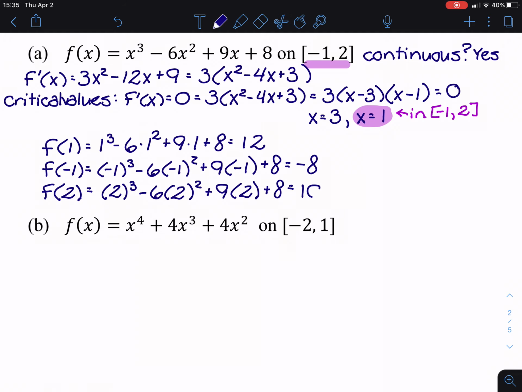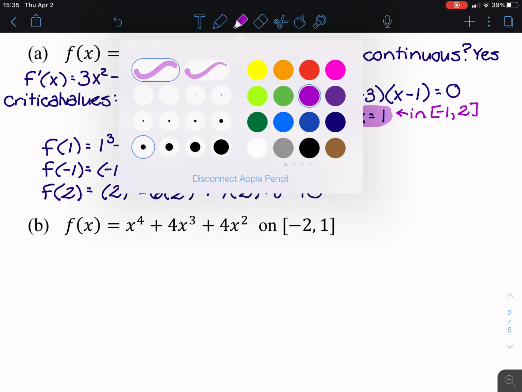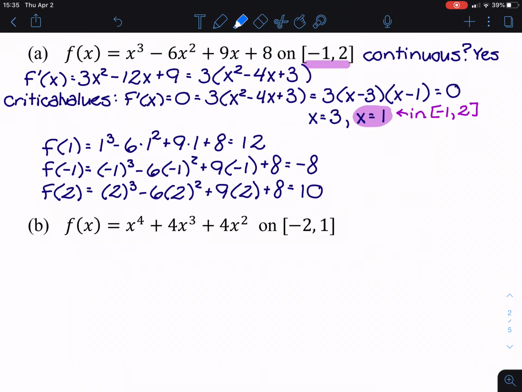All right, so here are the values that I am comparing in order to find my absolute maximum and my absolute minimum. So looking at these three, the smallest number I've got is -8. So this is my minimum value on the interval.